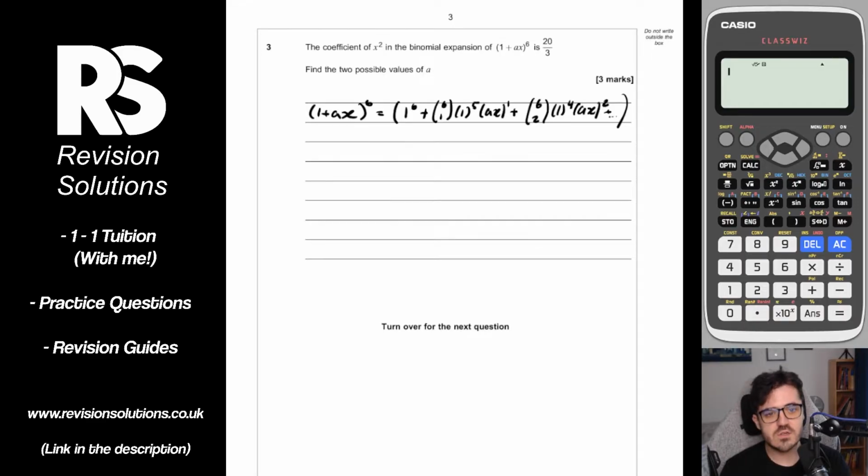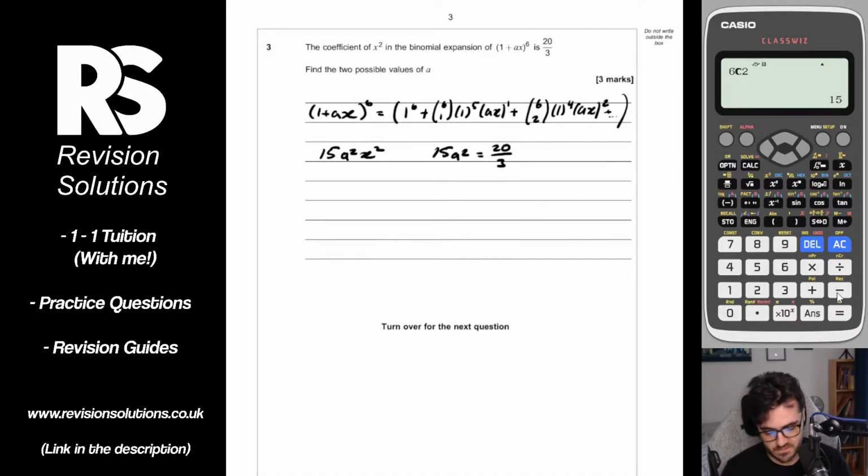So 6 choose 2, if we use our calculator quickly, that's 15. And then 1 to the 4 is just 1, so we'll forget about that. And then (ax) all squared is a squared x squared. So the squared term of our expansion is 15a squared x squared. But we know the coefficient, 15a squared, must equal 20 over 3.